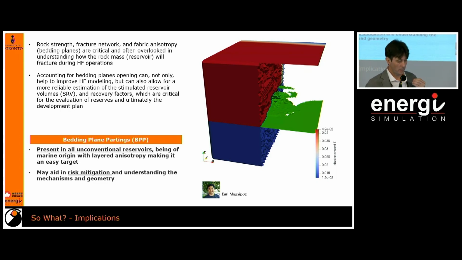So we think that by accounting for the bedding planes and this regional weak plane, we can explain a lot of not fully explained phenomena in different reservoirs.